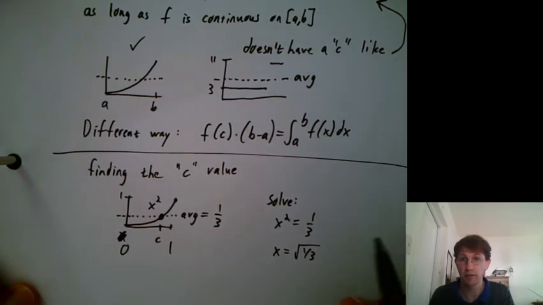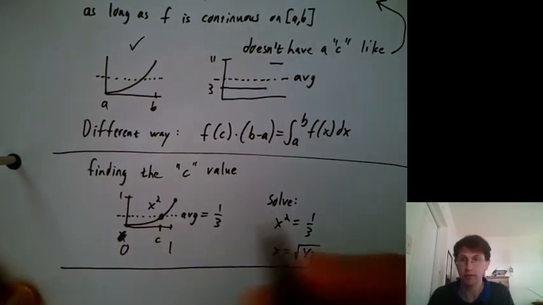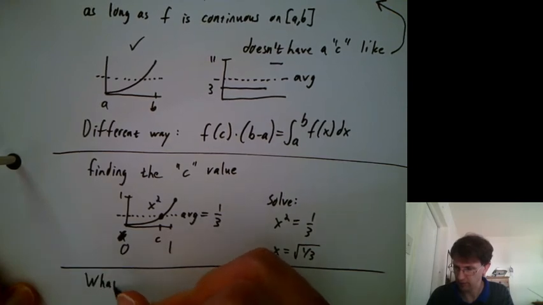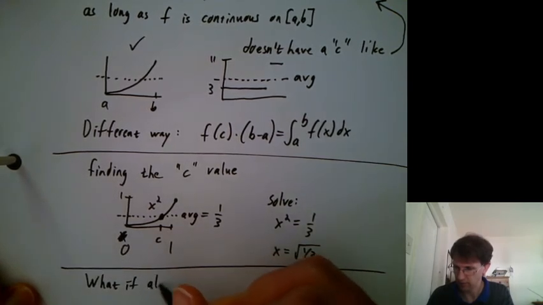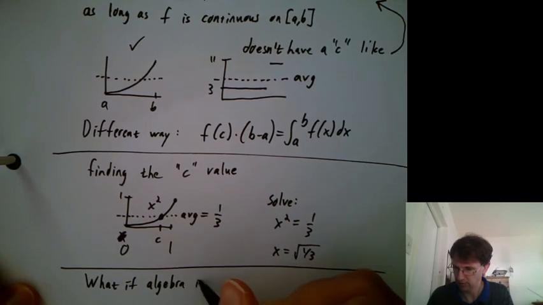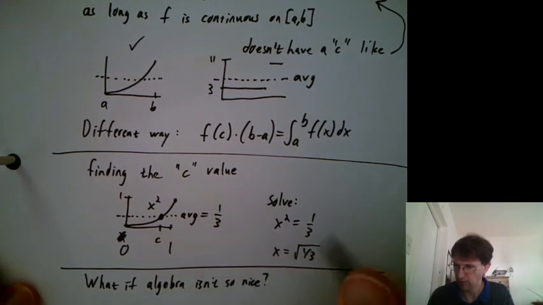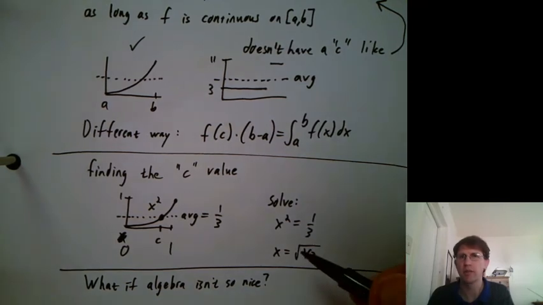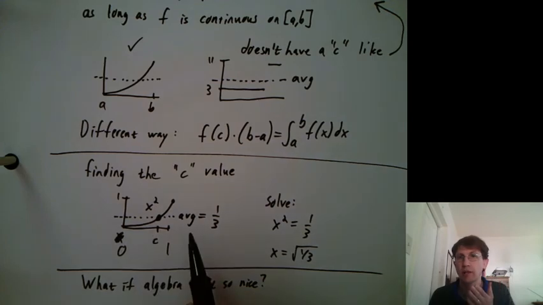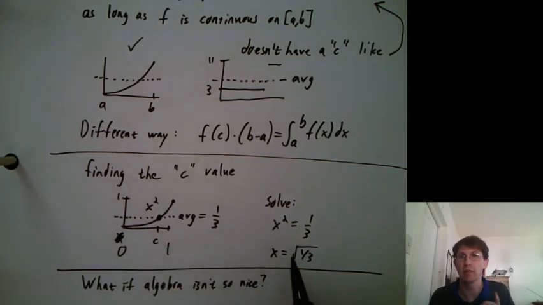Pretty nice algebra, right? What if the algebra isn't so nice? Anytime you take a square root, you should think about should the answer be plus or minus, but here we're only operating on positive territory, so I would only need the plus version of the square root.